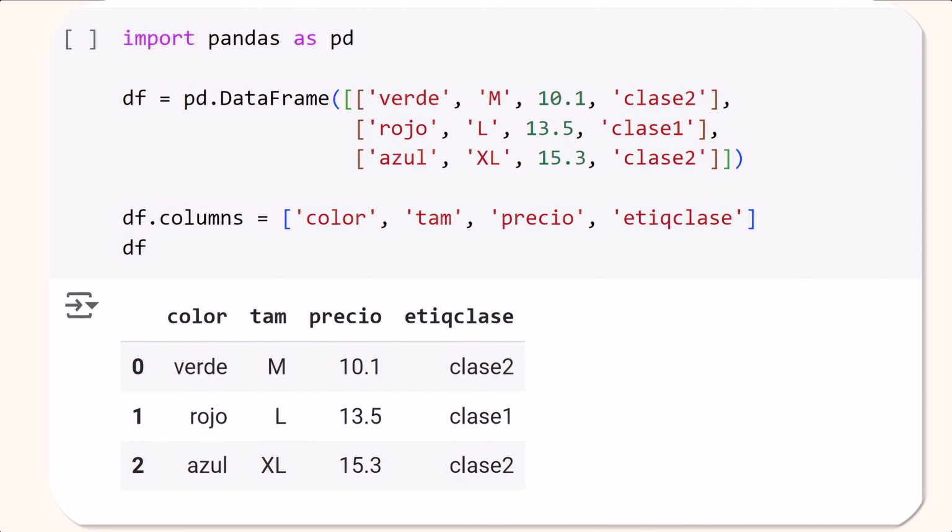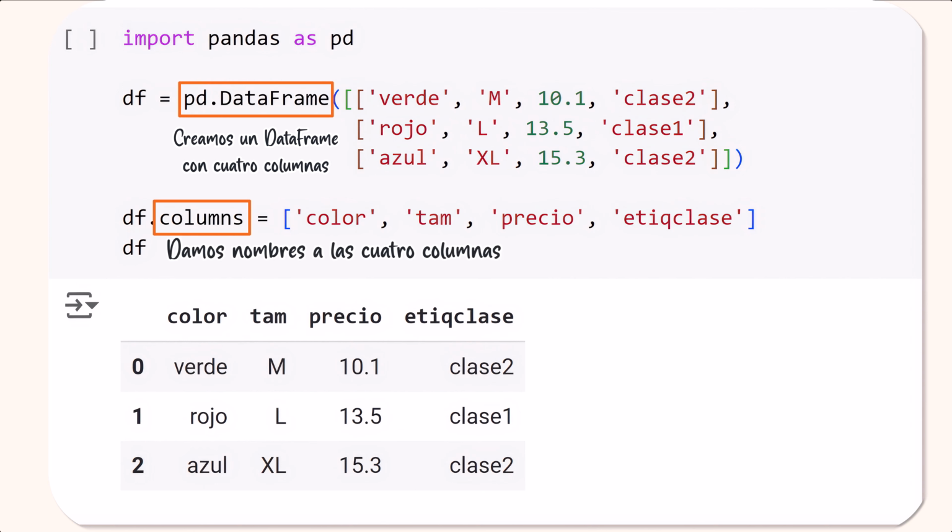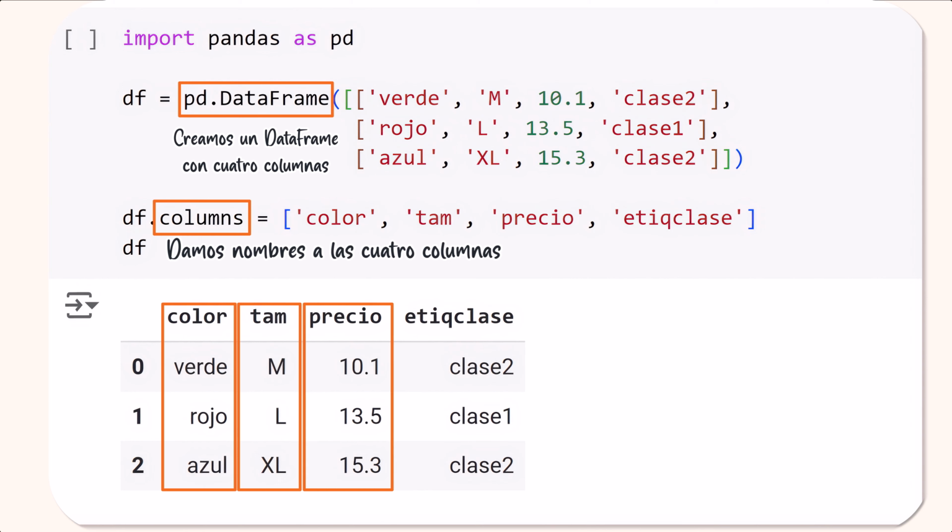But first, like in the examples in the previous videos with missing values, let's create a new data frame to illustrate the problem well. This is the code where we create a pandas data frame with 4 columns. One of them contains a nominal feature, color, another an ordinal feature, size, and a third a numerical feature, price.